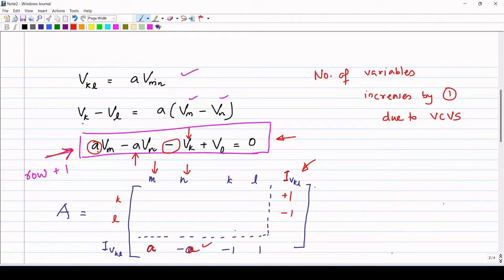So on the kth column, there will be a minus 1 entry, and Vl is multiplied by positive 1. So on the lth column, you have plus 1. So in the additional row corresponding to IVKL, we will have these 4 entries, A, minus 1 and 1 on these columns M, N, K and L.